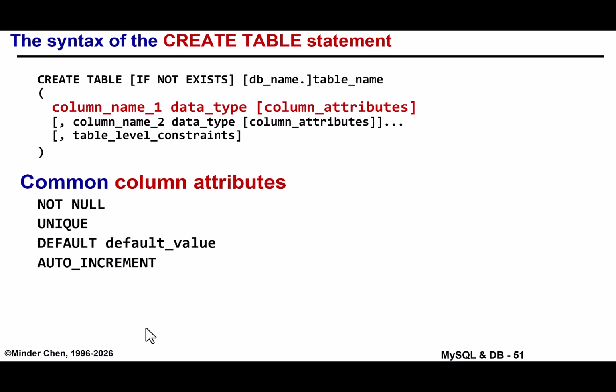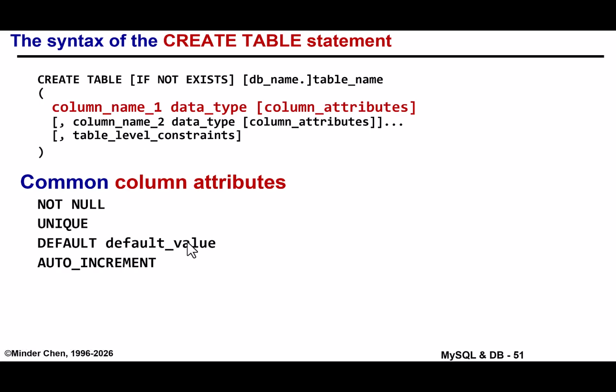This is the syntax for create table. You can say create table and the table name. That's typically just enough. Okay. And then you have a list of columns you want to create, and you specify its data type and specific column attributes, whether it's not null, unique, and whether there's a default value, which means if you don't tell me what the value is, I'm going to assume a default value.